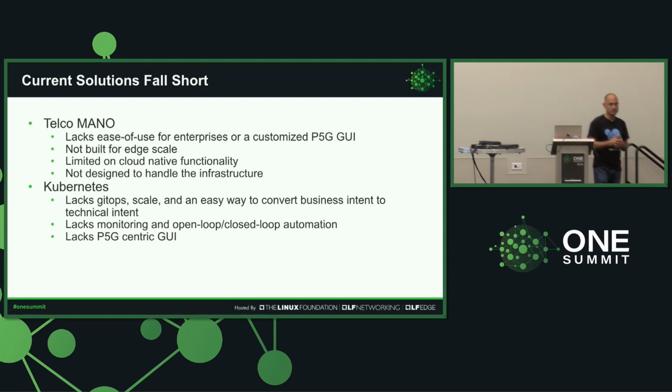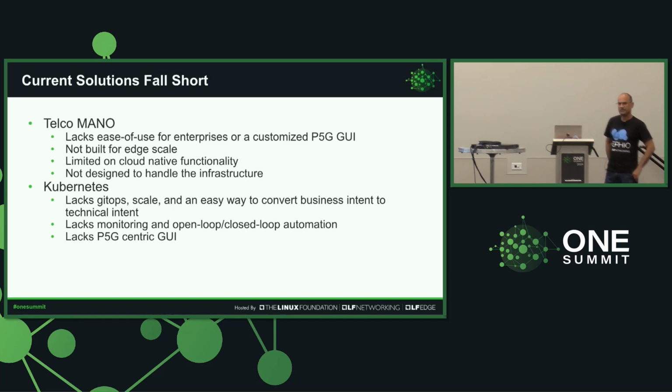So there are current solutions. You can use a telco MANO, or you can use just plain Kubernetes, but we feel both have some shortcomings. With telco MANO, the ease of use needed by an enterprise is typically not there. They're meant for telco users, nor is there a customized private 5G GUI. They're not built for edge scale.